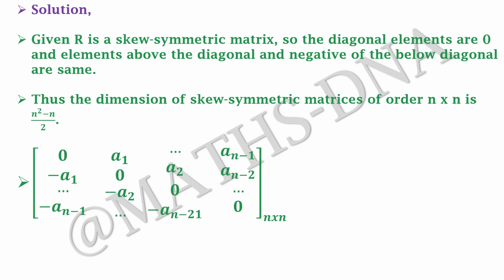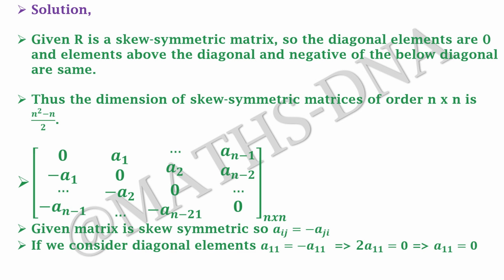We all know it. Now suppose we take a skew-symmetric matrix with diagonal entries as 0 and entries above the diagonal a1, a2 and so on, then the entries below the diagonal will be their negatives. Now it is given that the matrix is skew-symmetric, so aij is equal to minus aji.